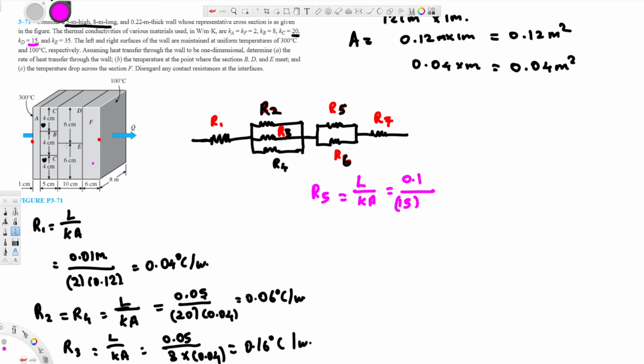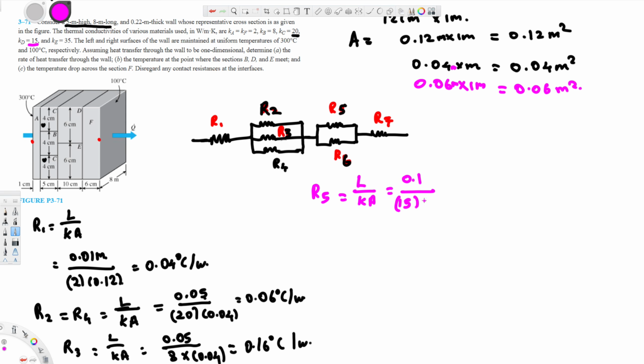Area is going to be the height times the depth. Depth is always 1, and only the height is going to matter. Here we have 6 centimeter height, so this is going to be 0.06 times 1 meter. That's going to give us 0.06 meters square. So that's going to be the area for R5.